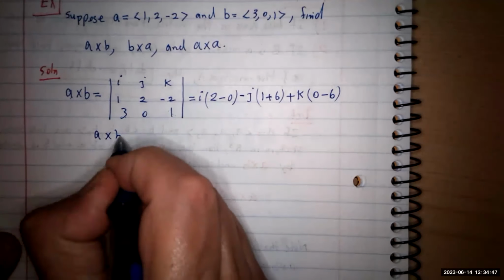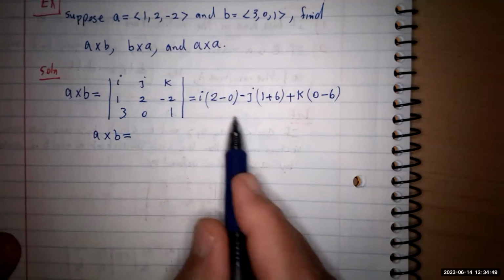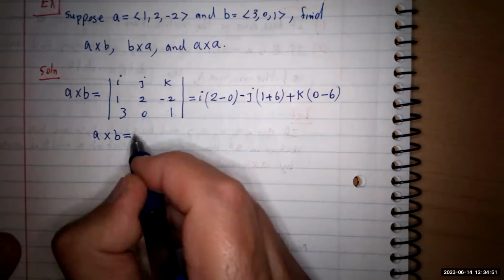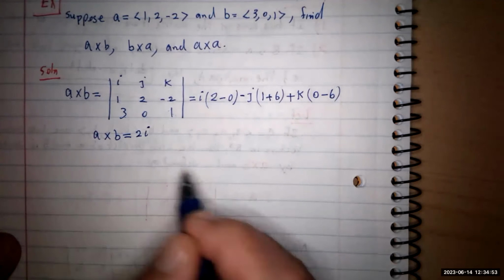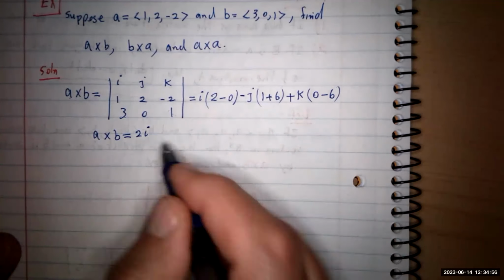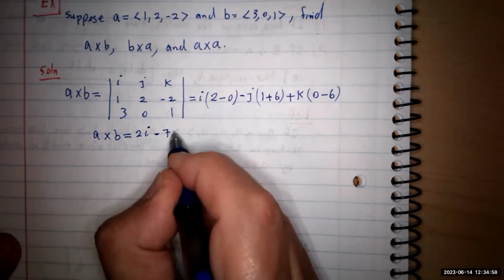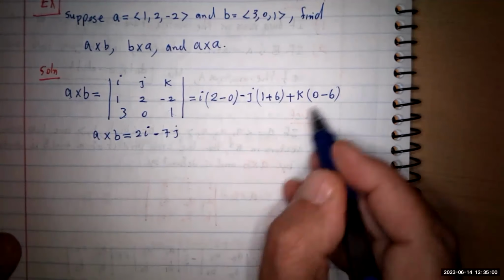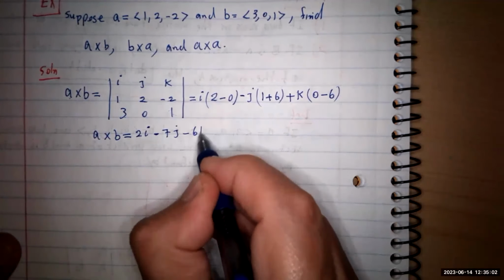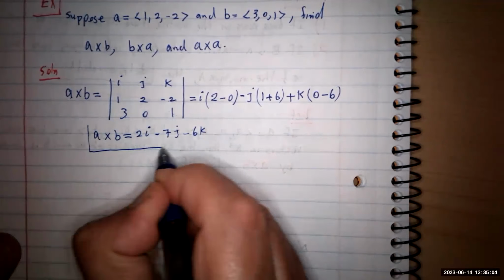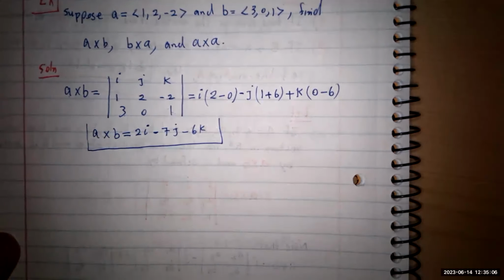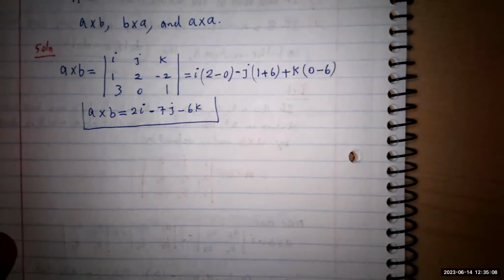A cross B is going to be equal to 2i, and this is going to be 7, minus 7j, minus 6k. This is going to be A cross B. Any question? So this is the way we are going to find it.